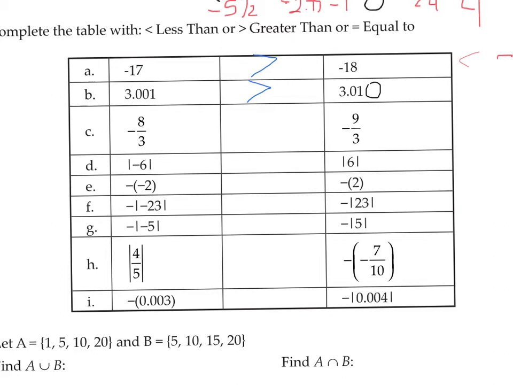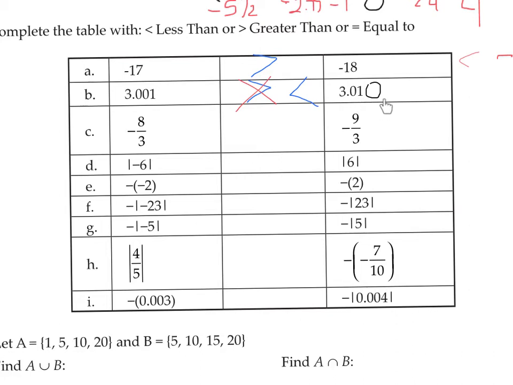I can't erase. Trying to get the eraser to work, but it's not working, so I guess we're going to cross that out just like that if my eraser's not working.